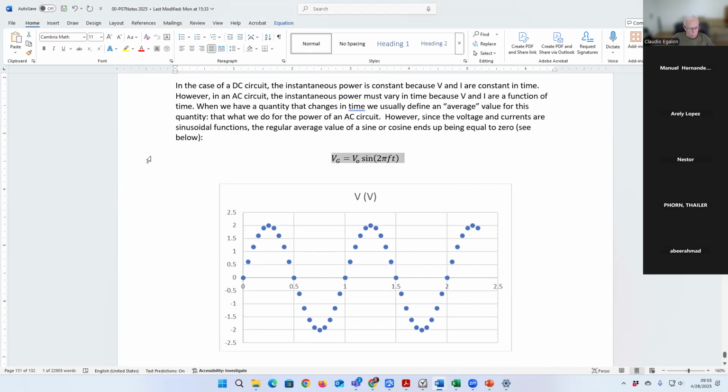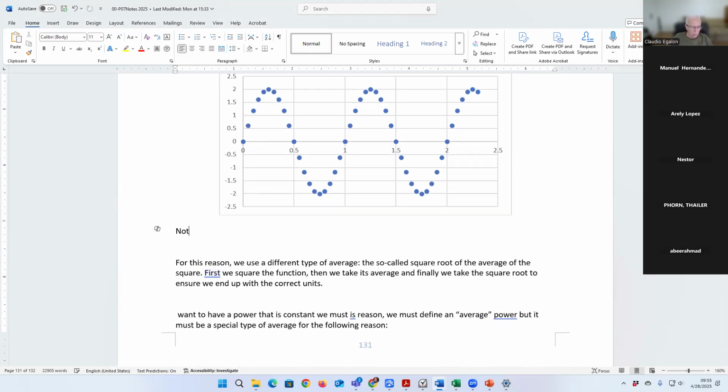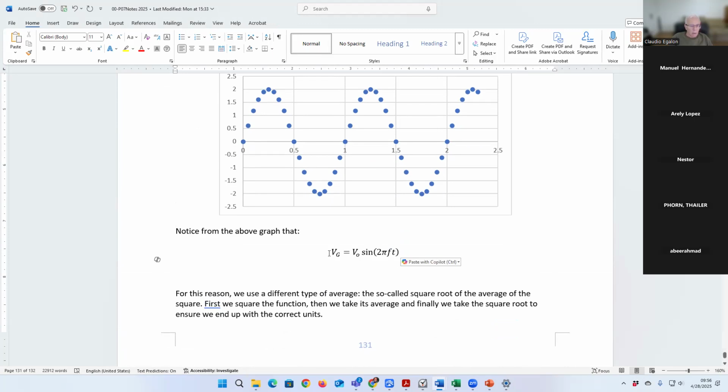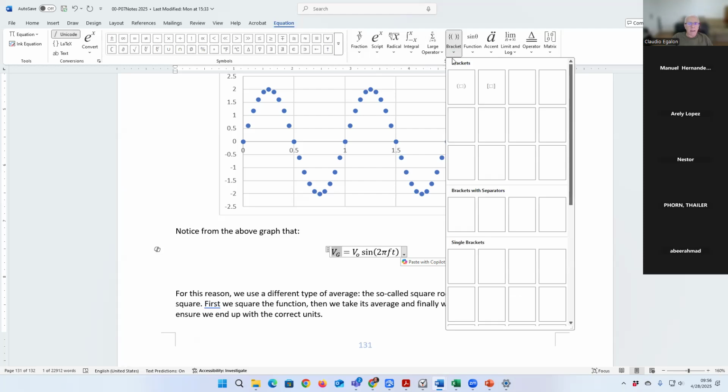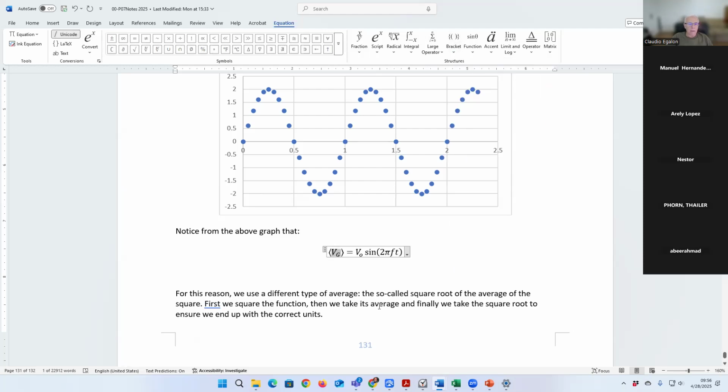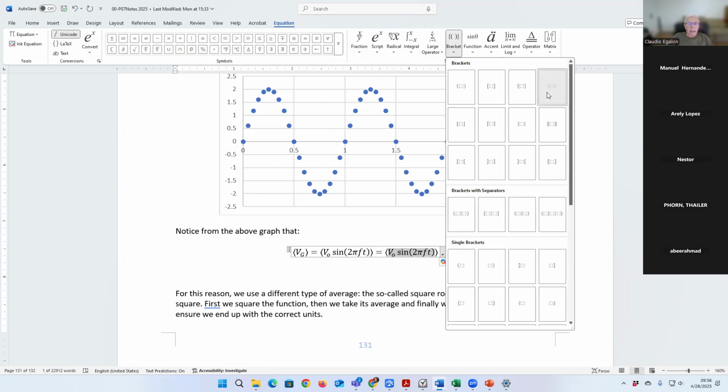Note from the above graph that we use this triangular bracket right here to denote average. We usually do that. We can extend this triangular bracket like that.